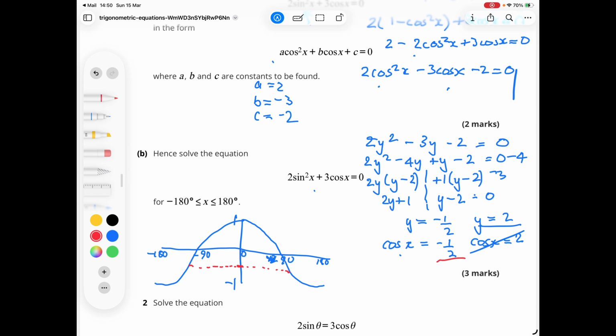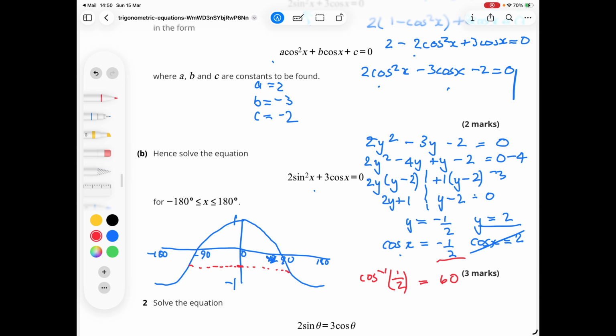I know that cos to the minus 1 of a half equals 60, so I'm pretty sure that this would be 120. Let's just see.